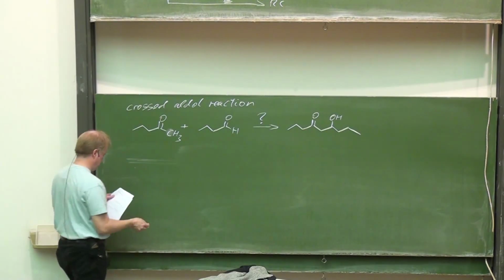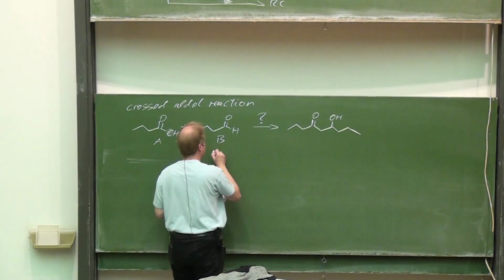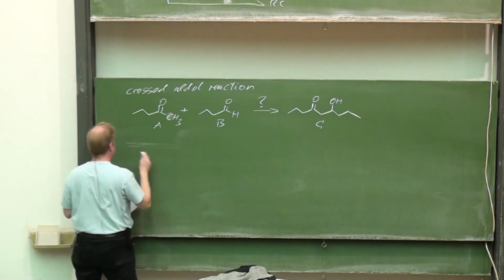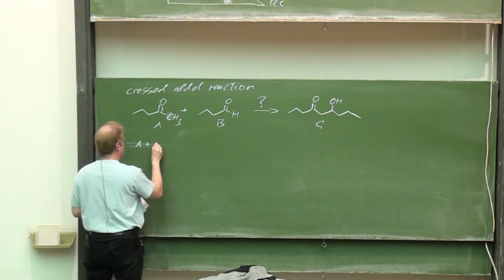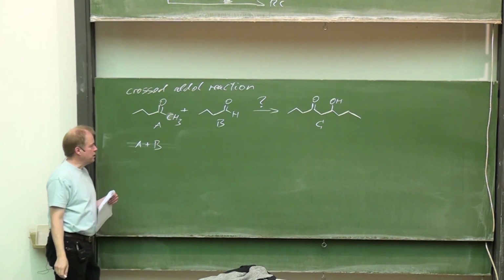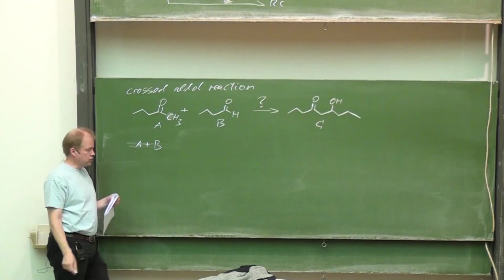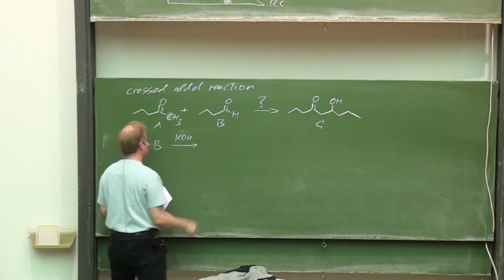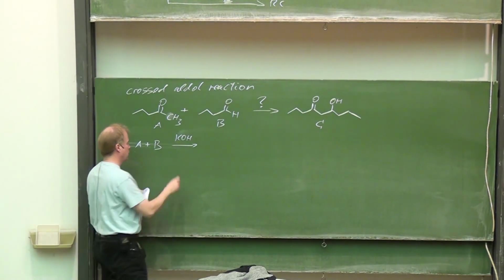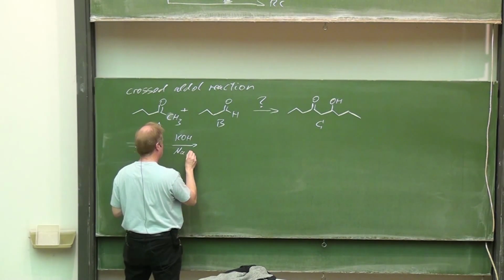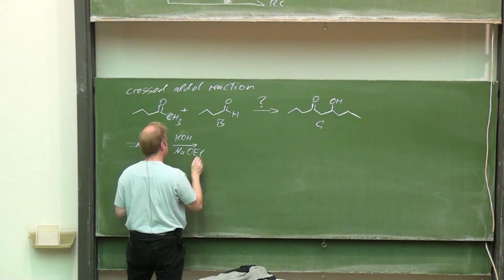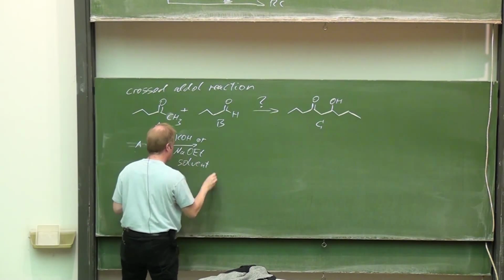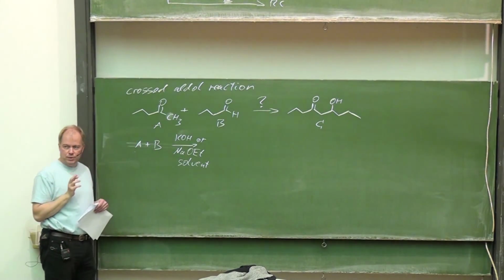We have a problem. Well, this should be A, this may be B, and this we call C in this case. For instance, if we just mix A and B in our reaction flask, add a base, for instance, potassium hydroxide or sodium ethanolate, and a suitable solvent, what would happen?